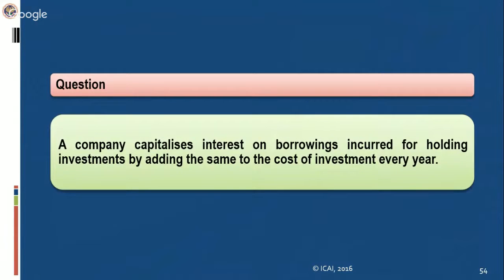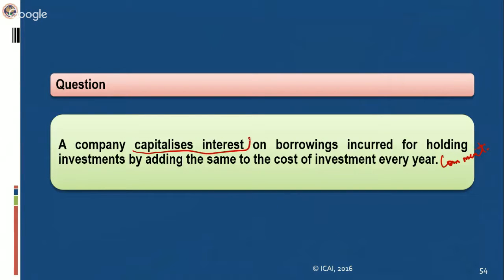A company capitalizes interest on borrowings incurred for holding investment by adding the same to the cost of investment every year. Comment. Now this is a question. Now two things are attracted here.